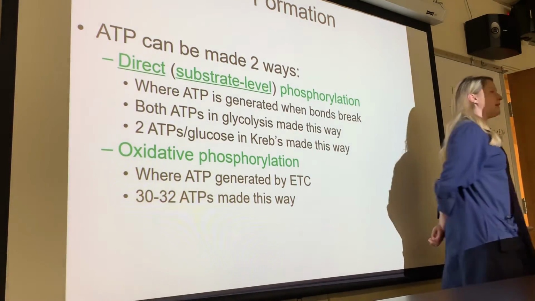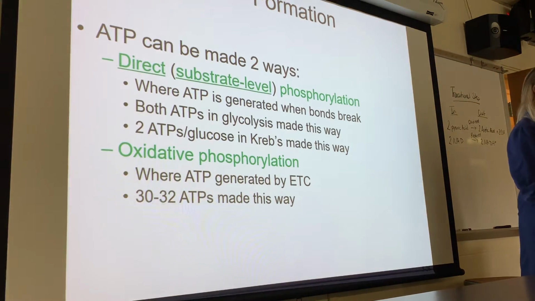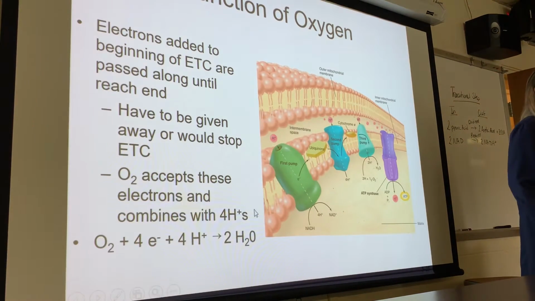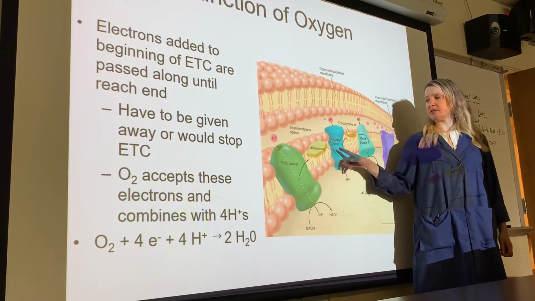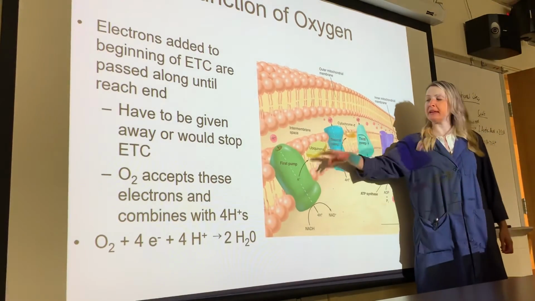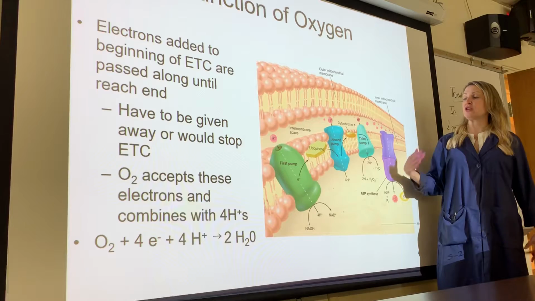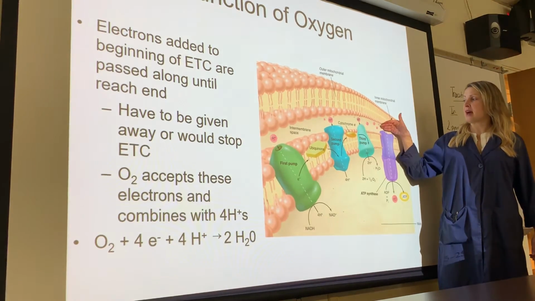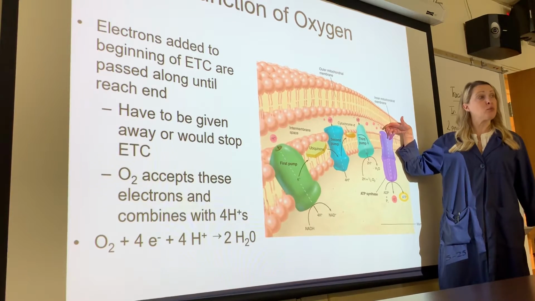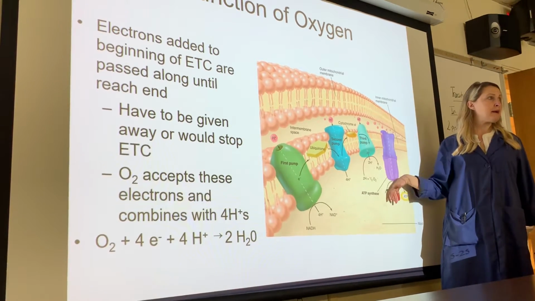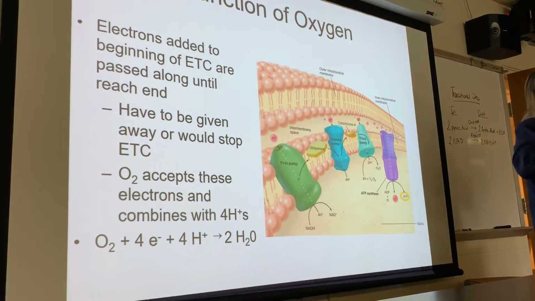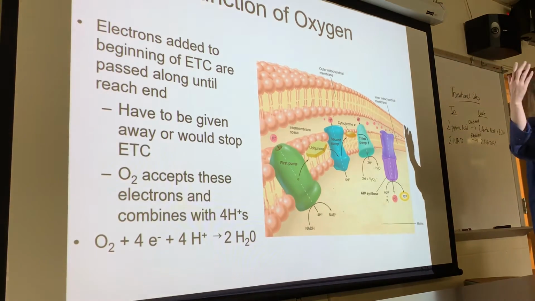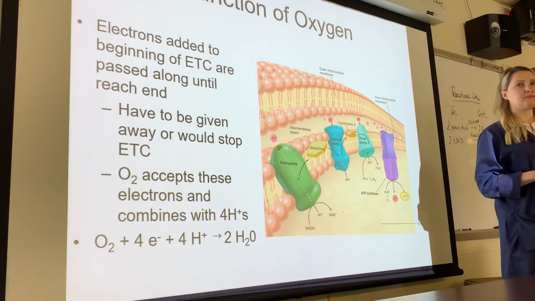This type of making of ATP, we call it oxidative because we're using a series of redox reactions as we pass the electron from pump to pump to pump to generate the energy to get the hydrogen into the intermembrane space so that we can ultimately generate the ATP as it passes through the synthase. So the idea is that we're using redox to set up the situation to ultimately make the ATP. And that's why we call it oxidative phosphorylation, not substrate level.